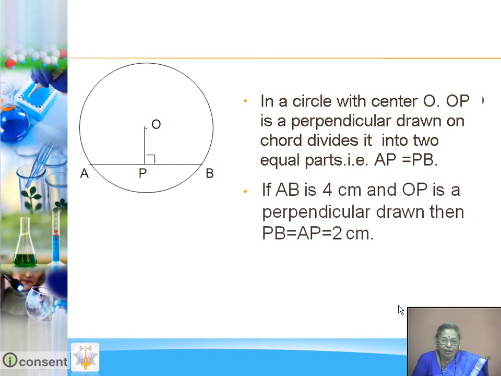You all know that the chord is bisected by the perpendicular drawn from the center of the circle. So, if the length of chord AB is 4, then AP will be equal to 2.